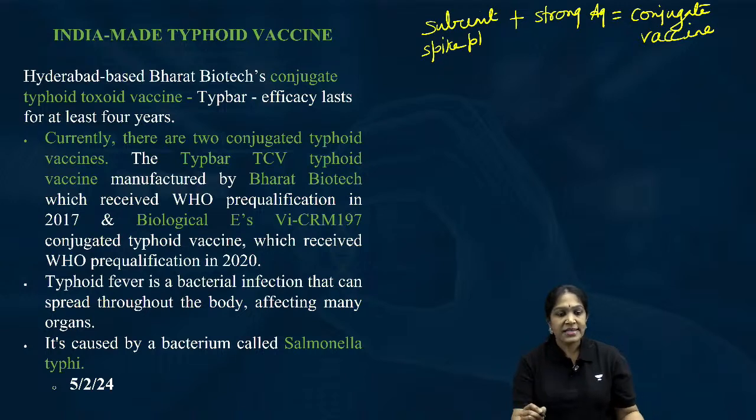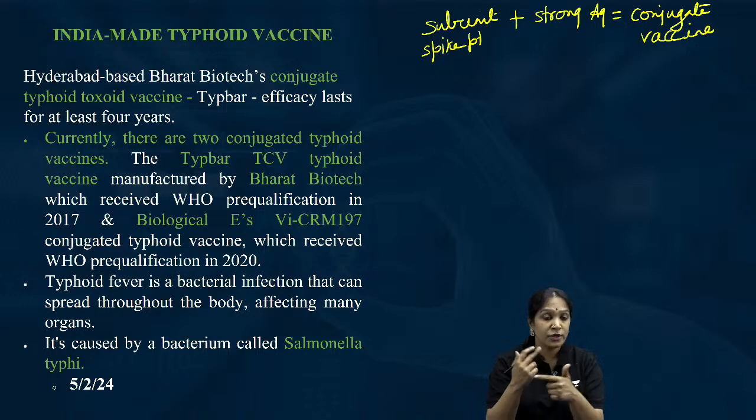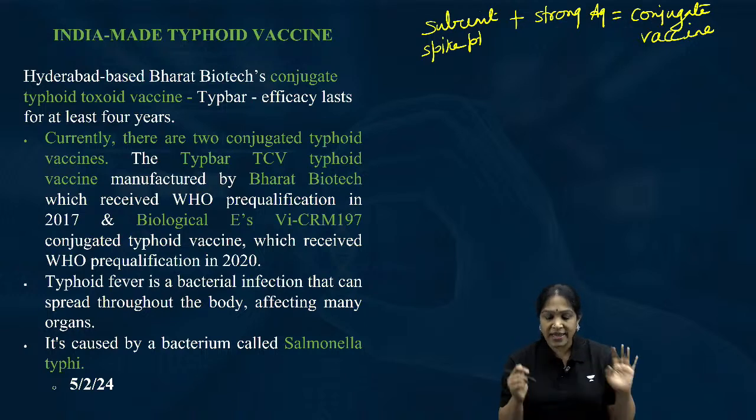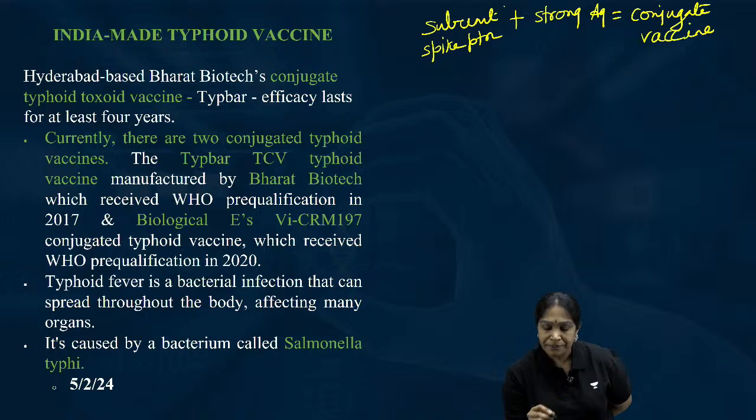I am calling the spike protein the subunit. We are not adding spike protein to the subunit. The spike protein itself is the subunit. If I use only the spike protein, only this one, that is called a subunit vaccine.